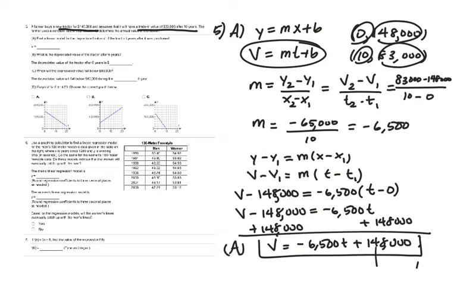Okay, so that's part A. Okay, let's look at part B. Part B asks, what is the depreciated value of the tractor after 6 years? Okay, so we want to use our linear equation from before.